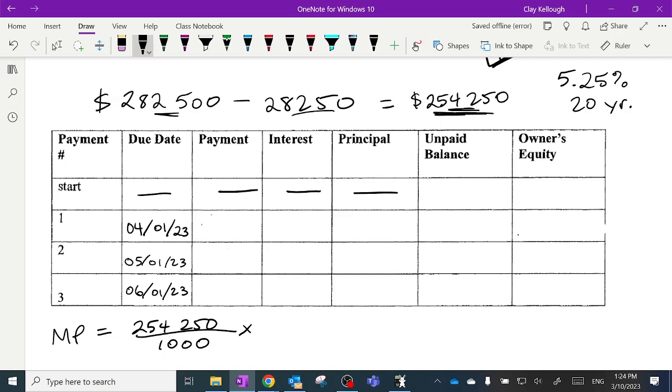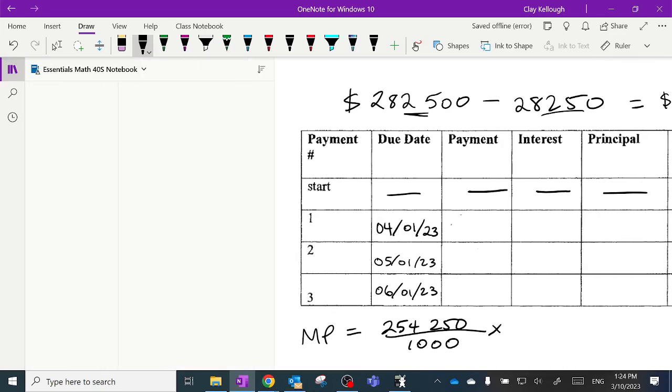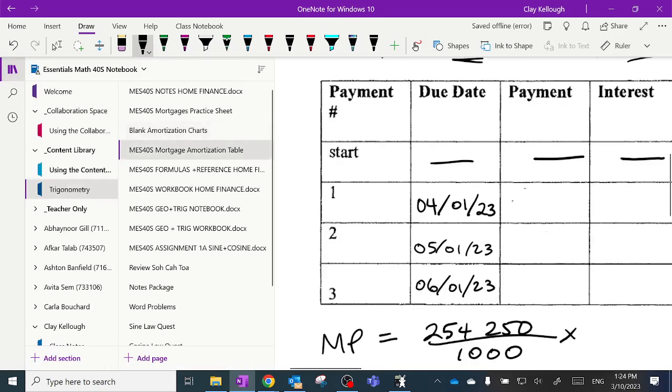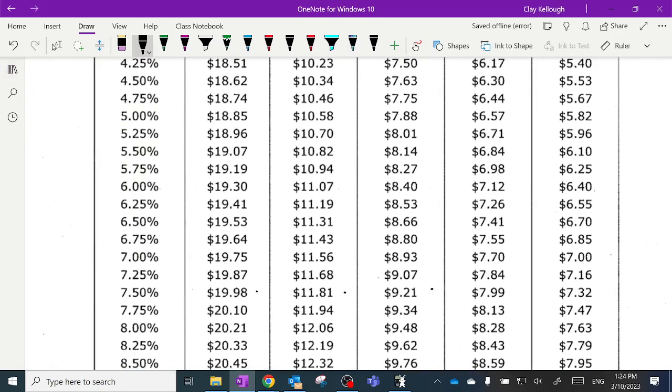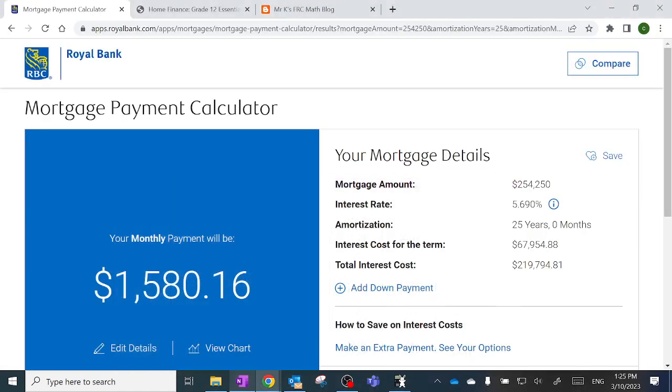So now I go to my mortgage amortization table. And again, everybody should have this, right? We handed this out a couple days ago. And we said we were going to do 5.25 for not 5 years, not 10 years, not 15 years, 20 years. So that's our number. So $6.71.